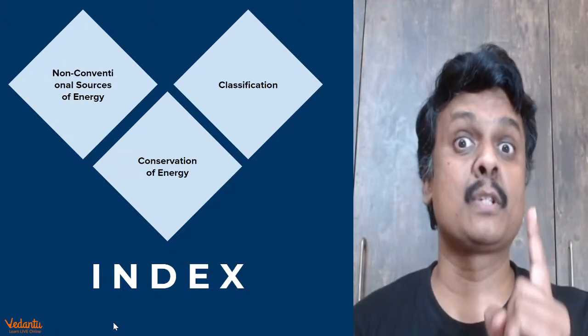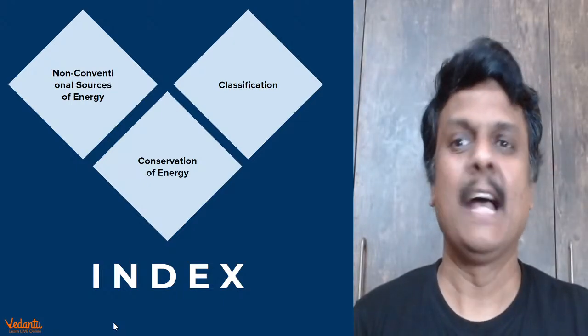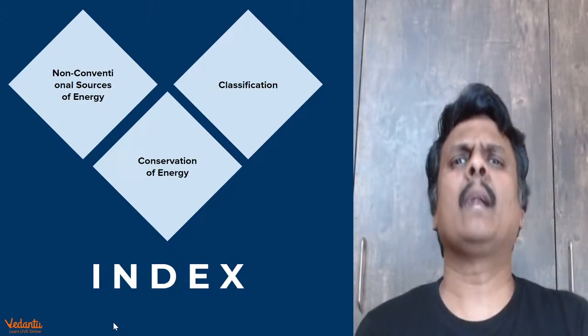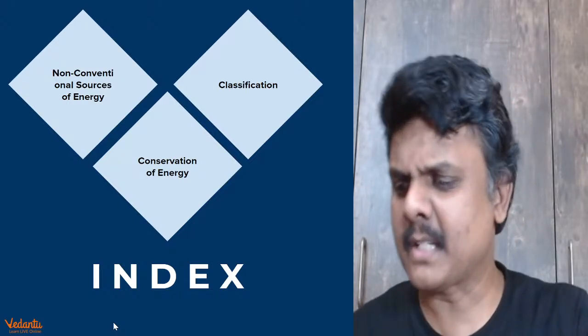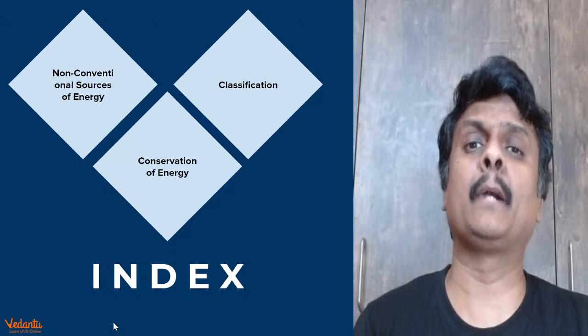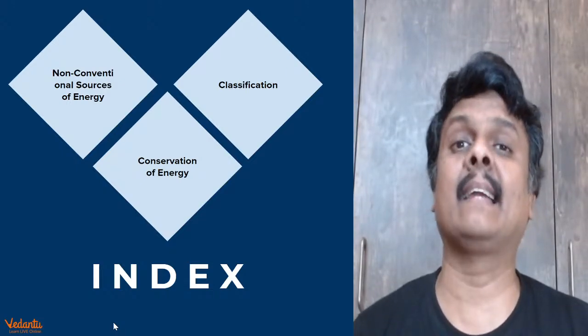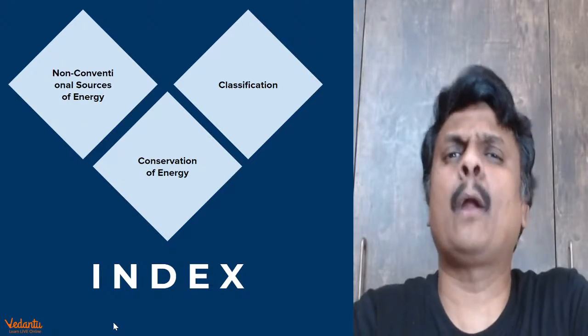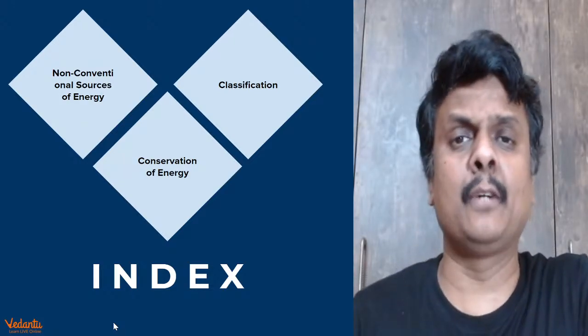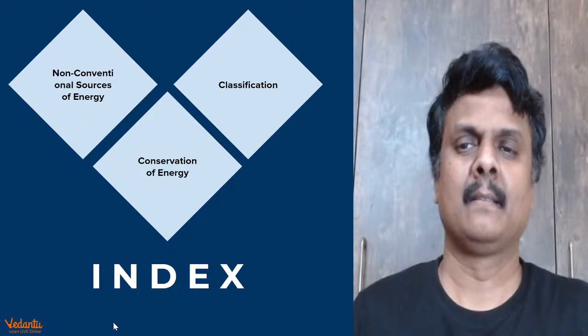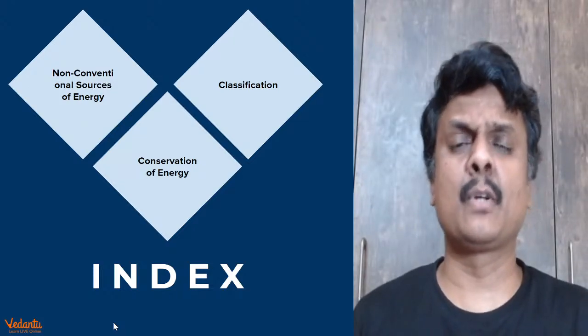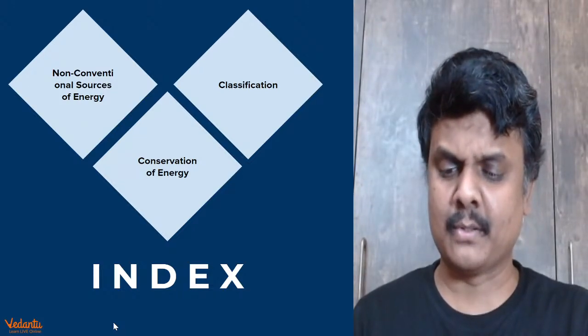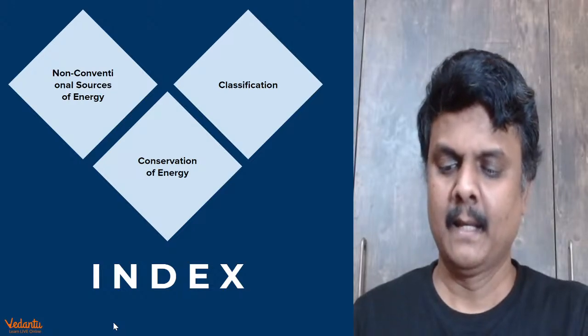It's not something used a long time ago. Just now someone said, sir, coal, petrol, all these are conventional. Exactly. Right. So now what is the problem with conventional sources, guys? Come on, can you tell me that? Why should we speak about non-conventional sources? What is the problem with conventional sources? Quick.